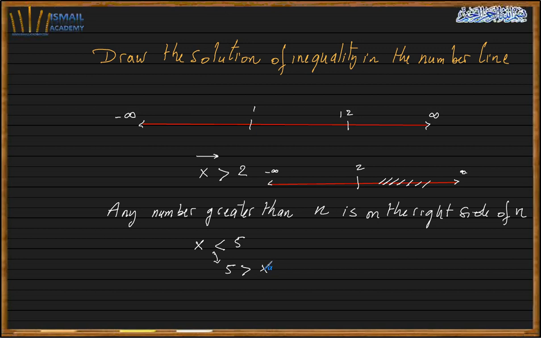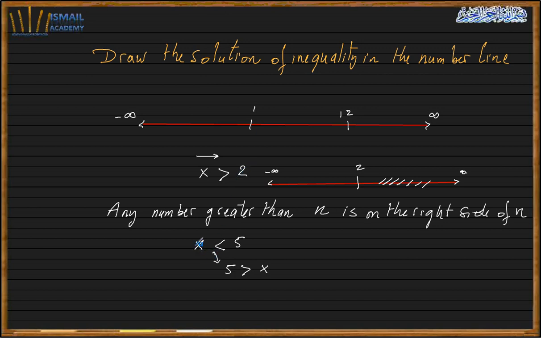When I read from the variable x, x is less than 5. That means x is on the left side of 5. x is greater than 2. That means x is on the right side. You see, just connect left, greater and less with the right and left. Greater means you go to the right. Less means you go to the left.